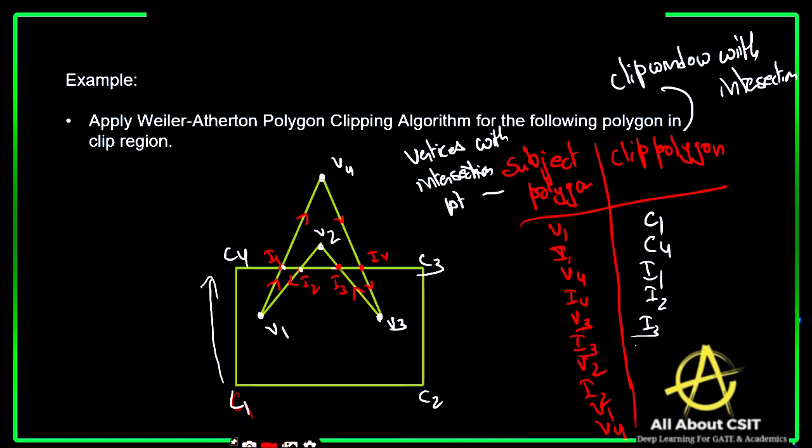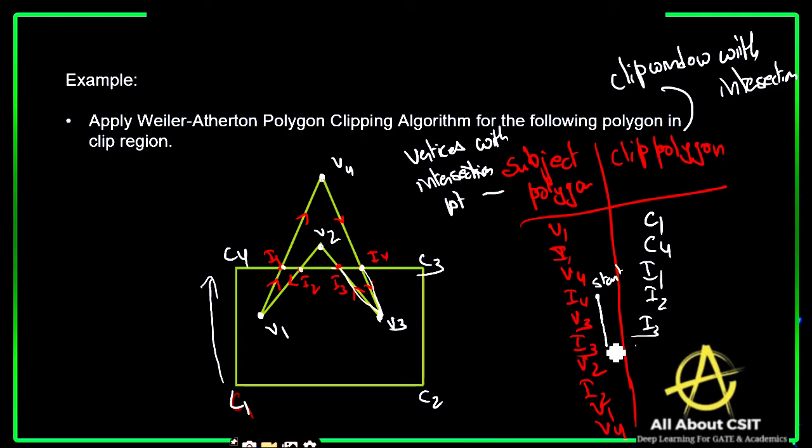Now let's start the clipping. What do I have to do? Start with I4, entering like this, it goes to V3, and the next intersection point is I3.